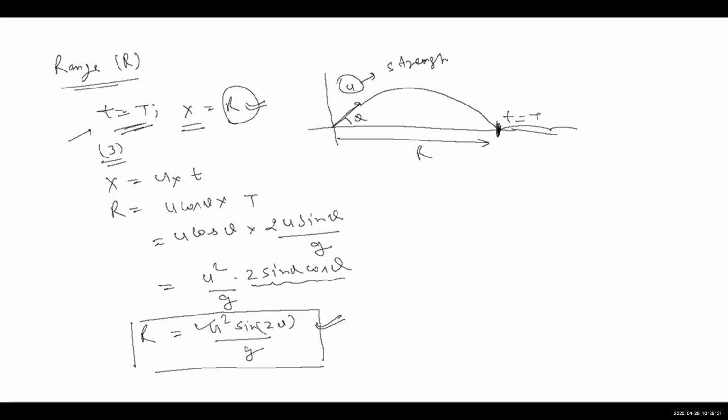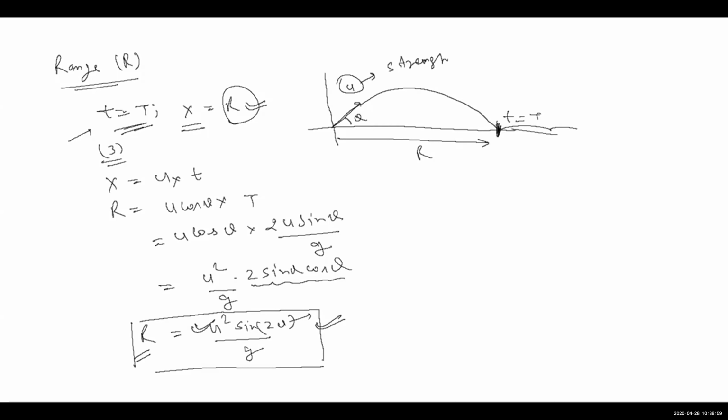So this thing you cannot change. Once you select the person who is throwing the object, this cannot be changed. This is also constant, but the range will also be decided by the angle.